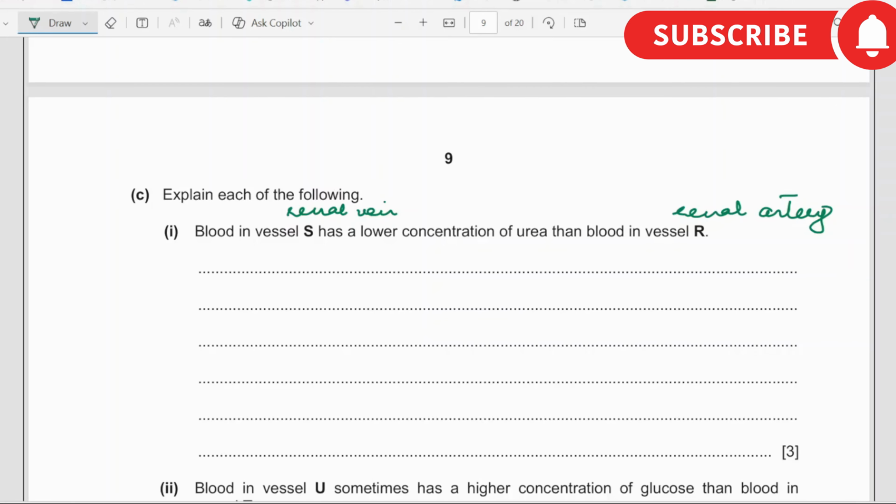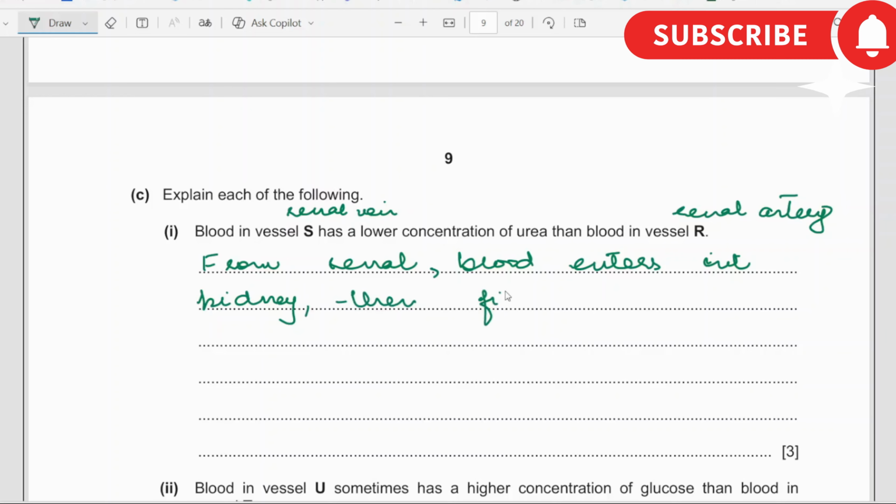So from renal artery, the blood enters into kidney. Then filtered into Bowman's capsule, or we can say the glomerulus.